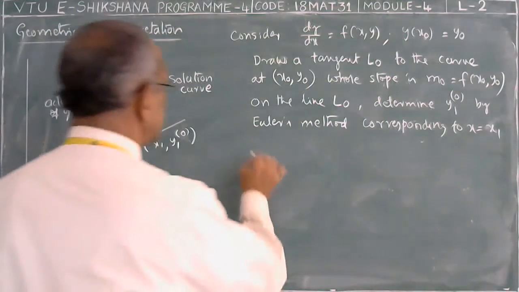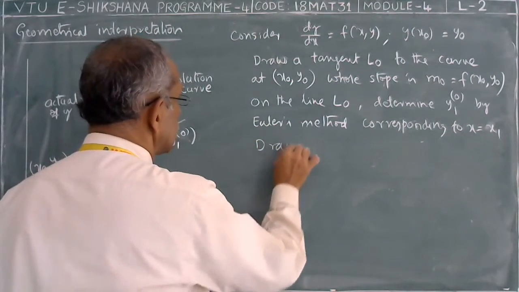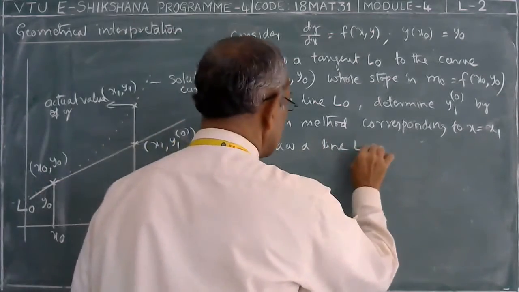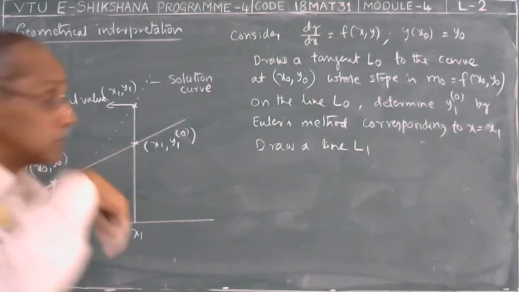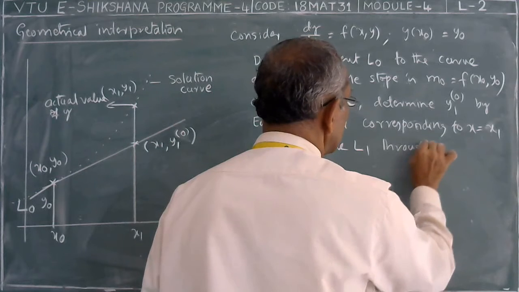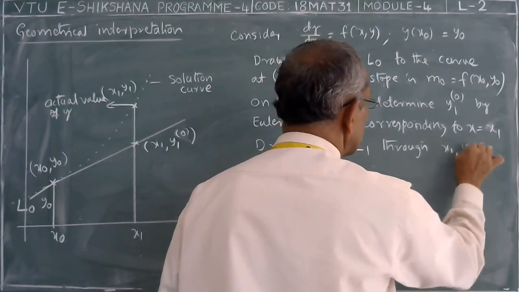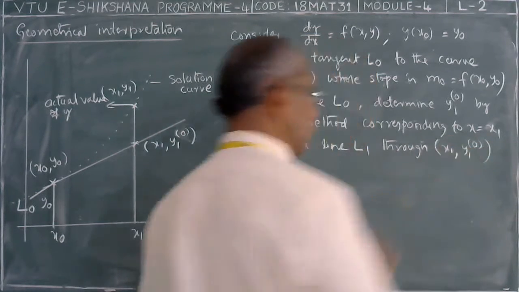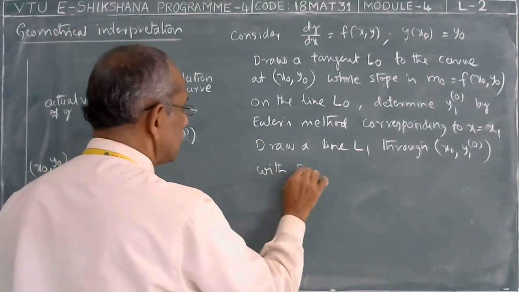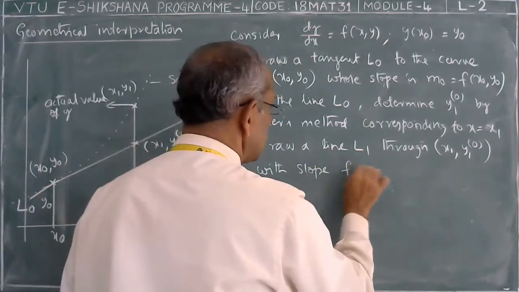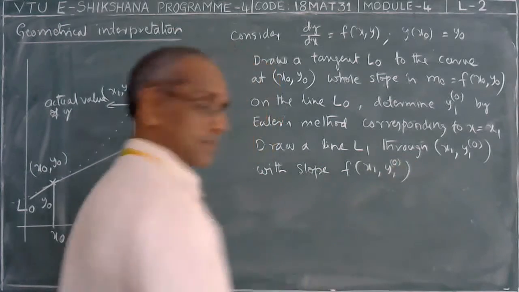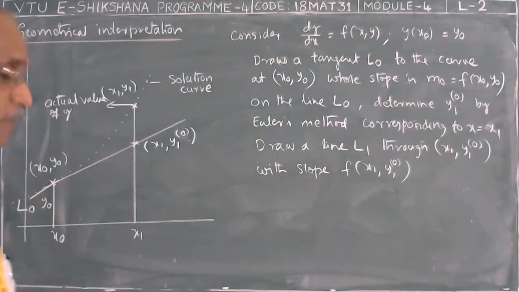So now draw a line L1 through x1, y1 0, with the slope f of x1, y1 0.